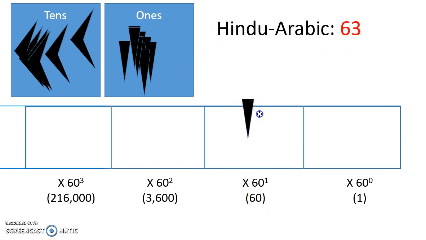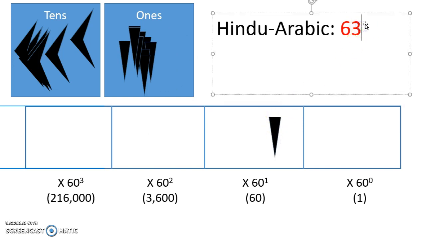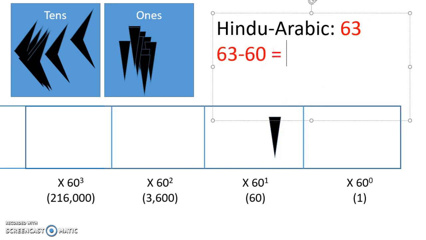So let's do that. By putting a 1 in here, we've now represented 60. So in other words, 63 minus 60, we've already put the symbol for 60 out of our original 63, and we have 3 left that we need to account for. Well, we're not going to get any more 60s out of that 3, but we could represent that with 1s.